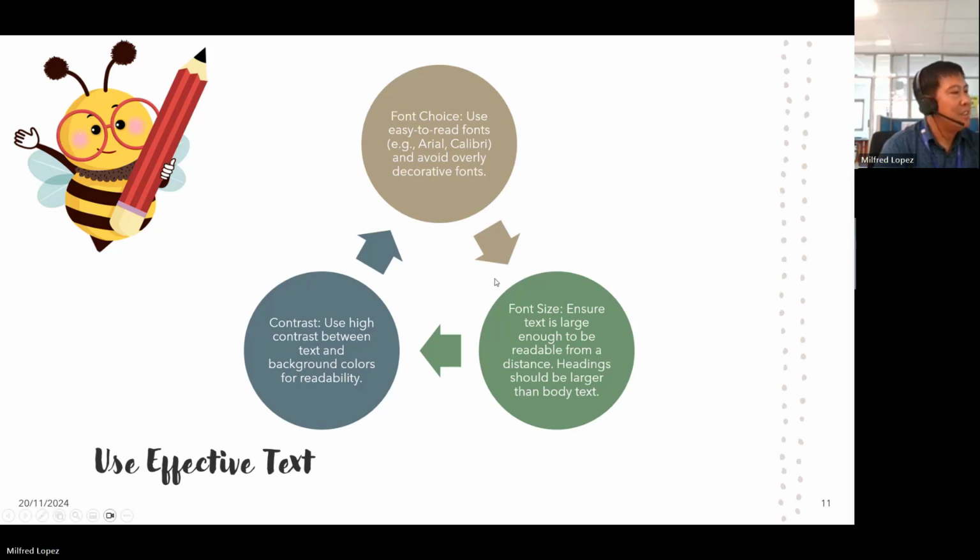All right, so you have to do the right contrast. If it is a dark green color like this, you want a bit lighter color, maybe yellow, but don't use green or blue here because it may not be visible.